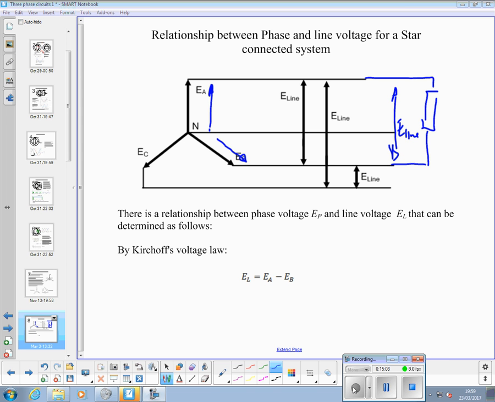So by careful, this EL is EA plus EB. Do you all agree with that? Minus. Yeah.